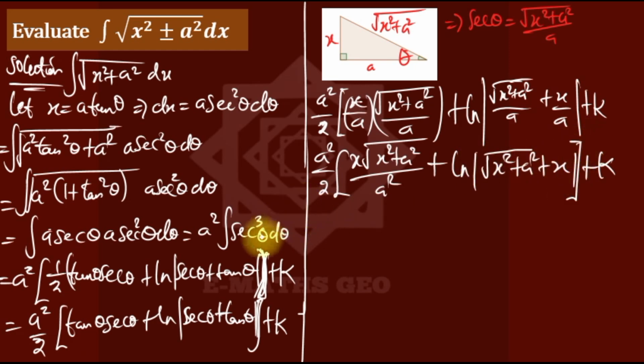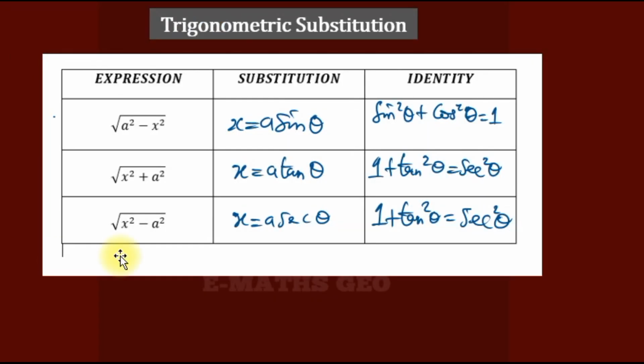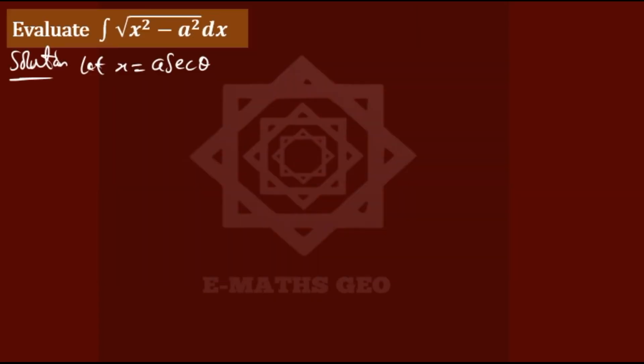So let's do the one for subtraction. The same way, but this one we will substitute differently. We say let x, since we have minus, be a sec theta. Yes, if you see our table, a sec theta. So we'll go back.